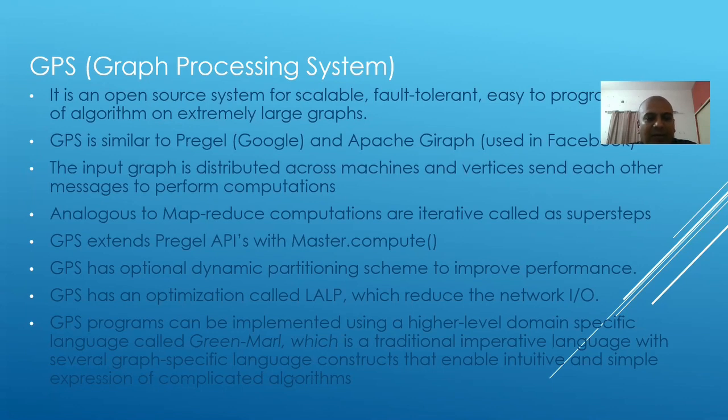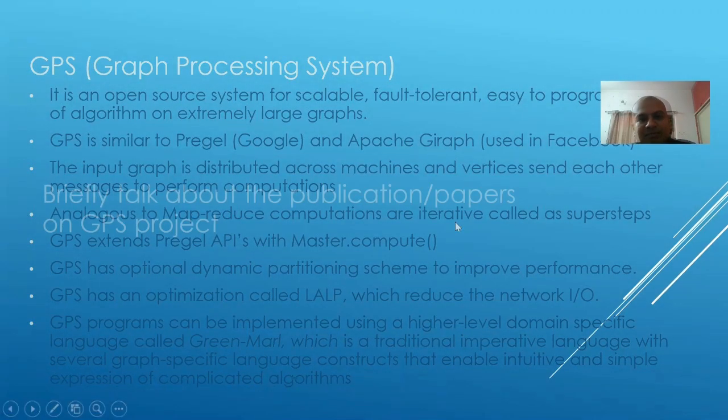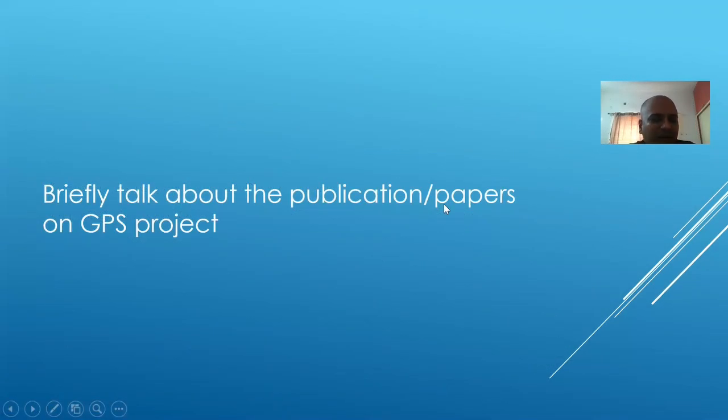It has an optimization called LALP, which reduces the network I/O. GPS programs can be implemented using a higher level domain specific language called Green-Marl, which is a language construct that enables intuitive and simple expressions of complicated algorithms. So let us go through some of the papers which were published as a part of this project.